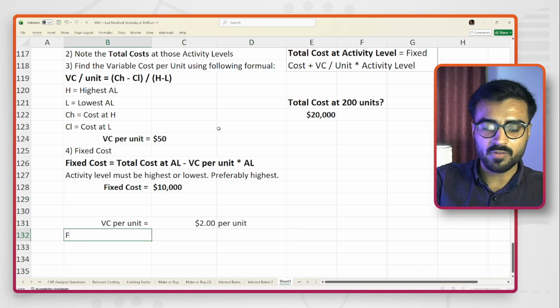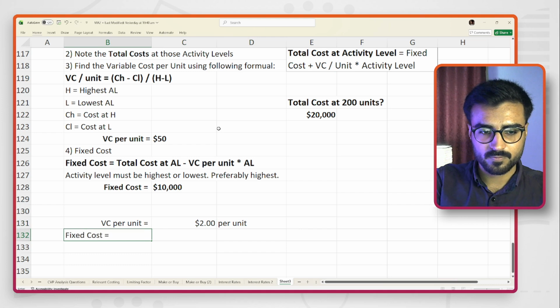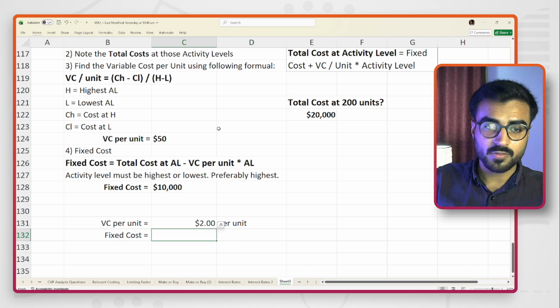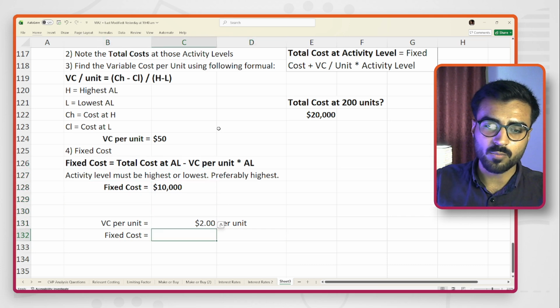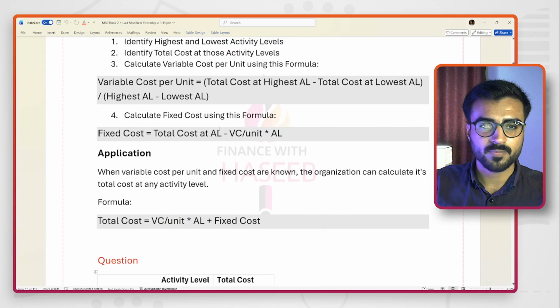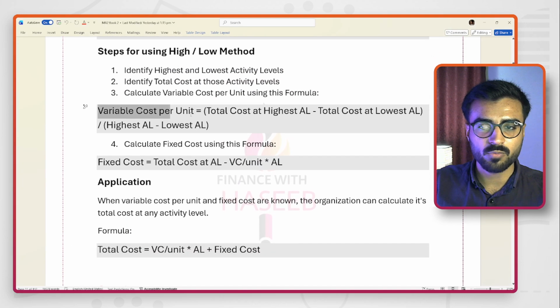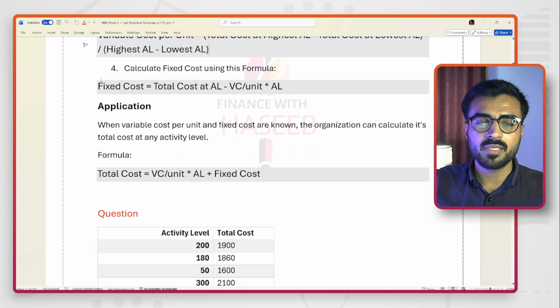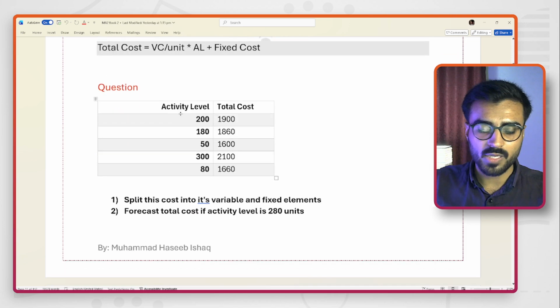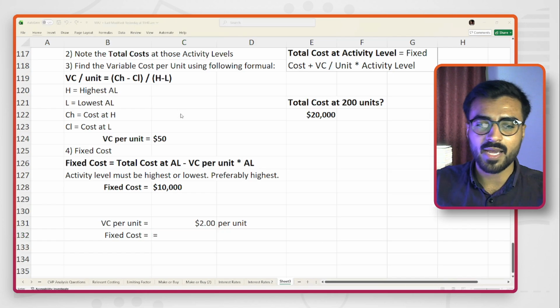So now we'll find the fixed cost. How will you find the fixed cost? We will use this formula, and both of these formulas are written in the notes. Here is the variable cost per unit formula: total cost at the highest activity level minus total cost at the lowest activity level, divided by the highest activity level minus the lowest activity level. And similarly, the fixed cost formula is written here as well. So the total cost at an activity level, we'll choose the highest activity level.